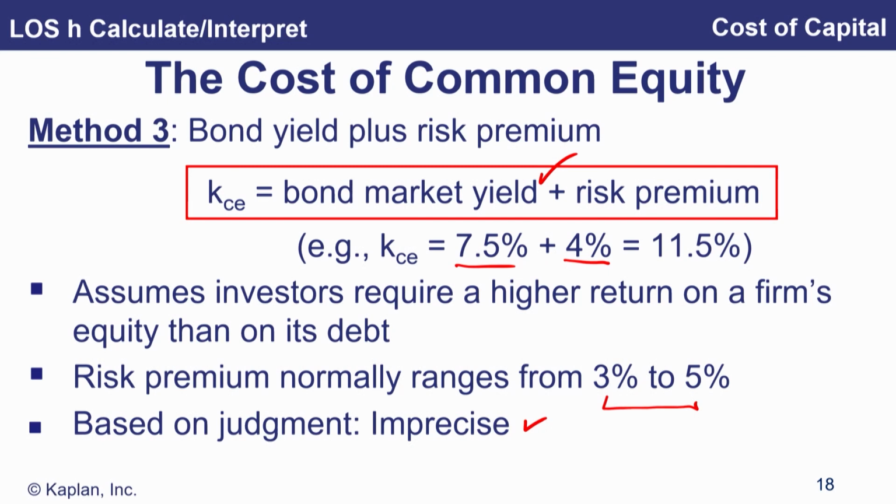Now, you're thinking, which one should I use? Well, if you're asked to calculate one of these, you can tell by what's given to you in the problem. If you're given the bond yield and some arbitrary equity risk premium for the firm above its bond rate, you'd be using this one.